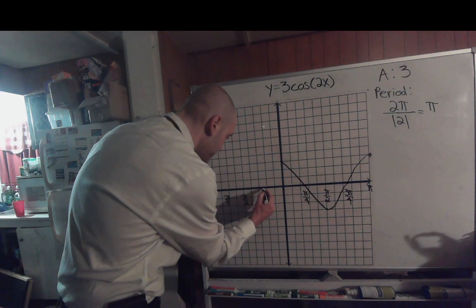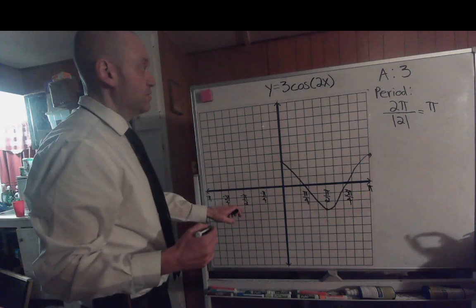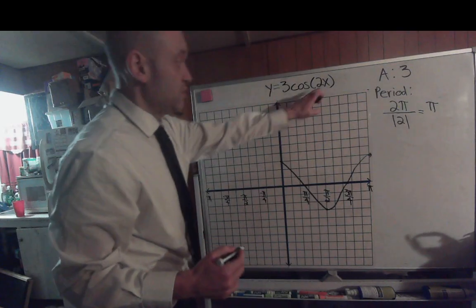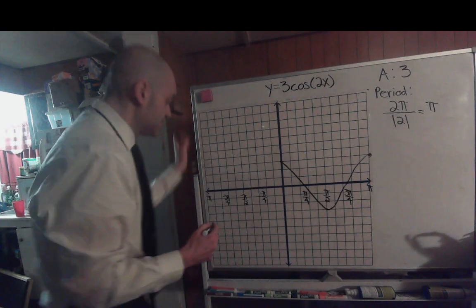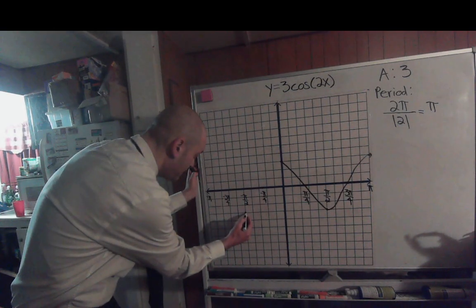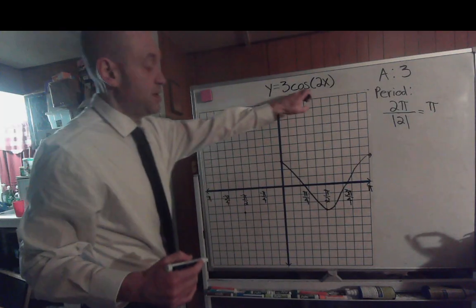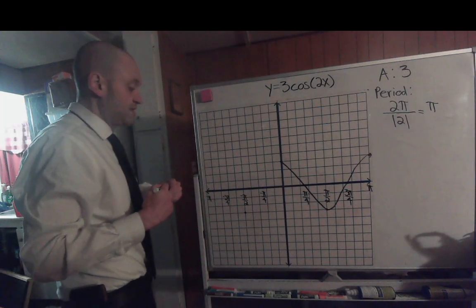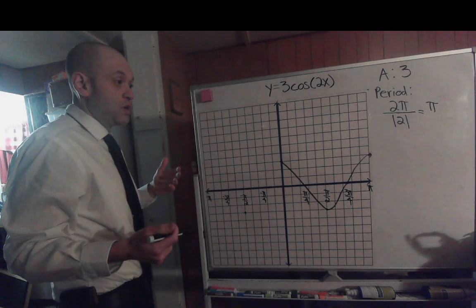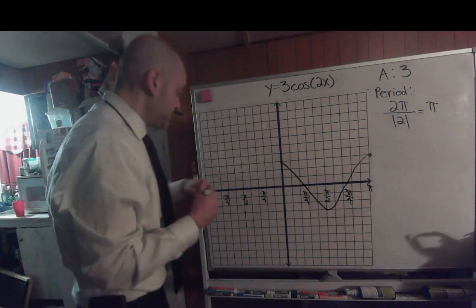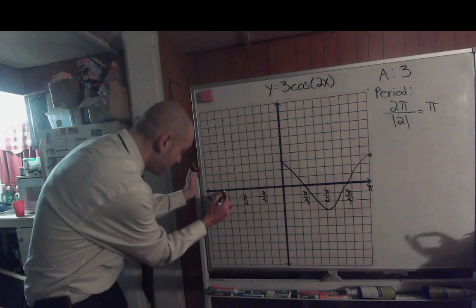Now put in negative pi over 2, you'll end up getting the cosine of negative pi, which would be negative 1 times 3 is negative 3. Put in negative 3 pi over 4, you get the cosine of negative 3 pi over 2, which is 0 times 3 is 0.